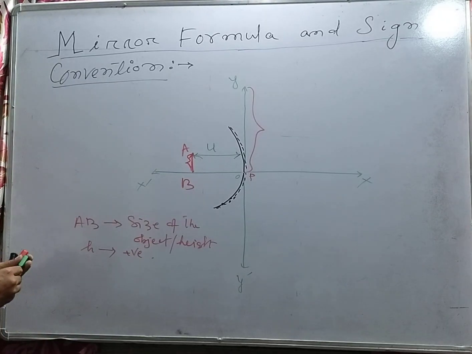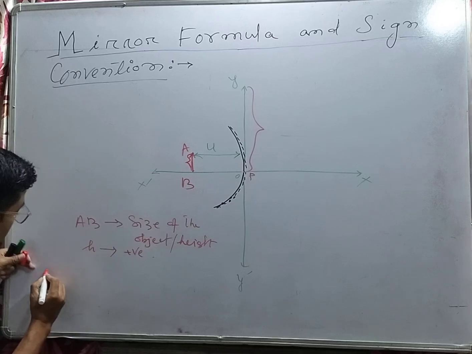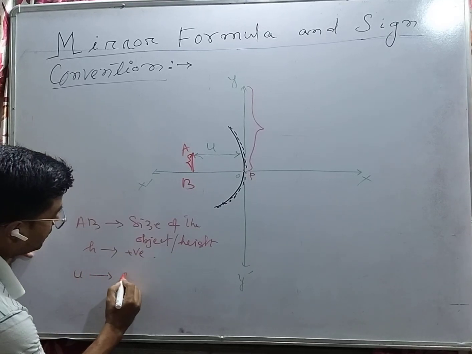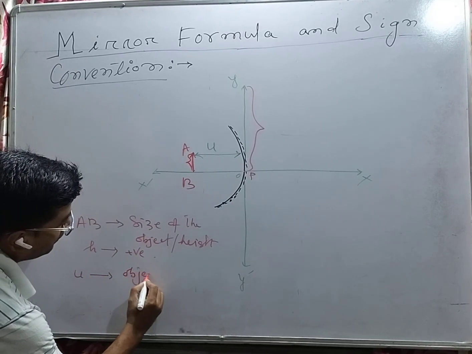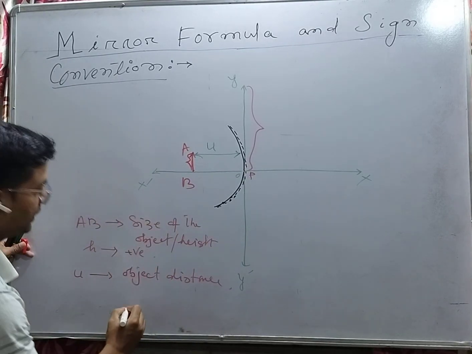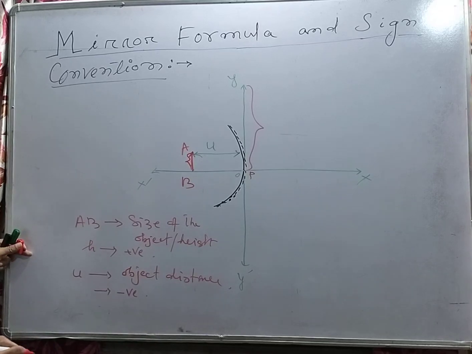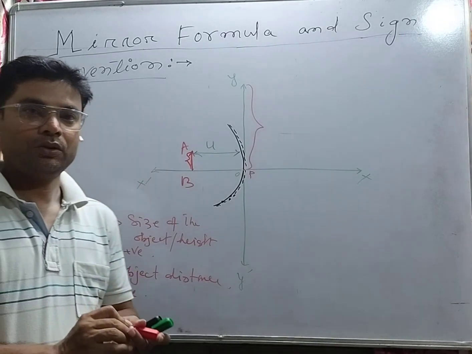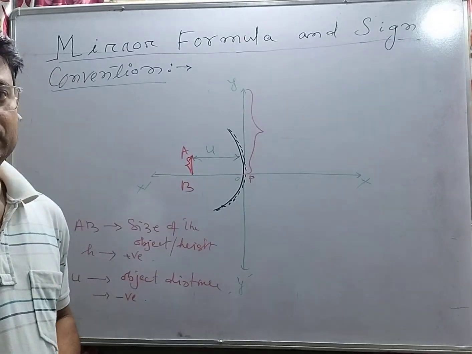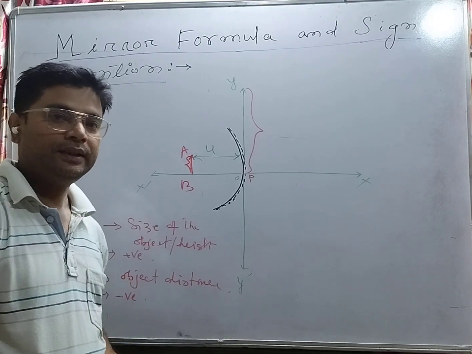Object distance is always negative. That is, u is object distance, and it is always negative, no matter whether it is a concave mirror or a convex mirror.